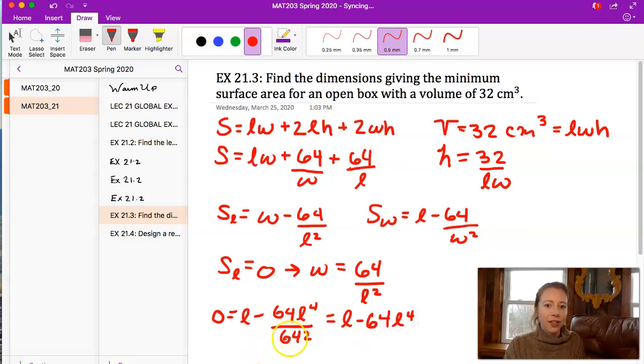And that's not 64 2, that's 64 squared. It's a little hard to tell there. And so then let's pull out an L. 0 is equal to L times 1 minus L cubed over 64. Okay, so that tells us that L cubed is equal to 64. So L is equal to 4.